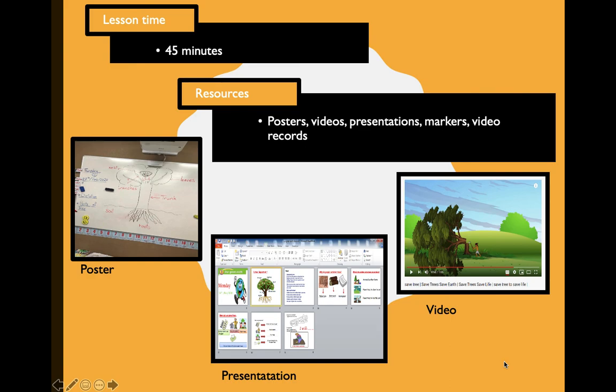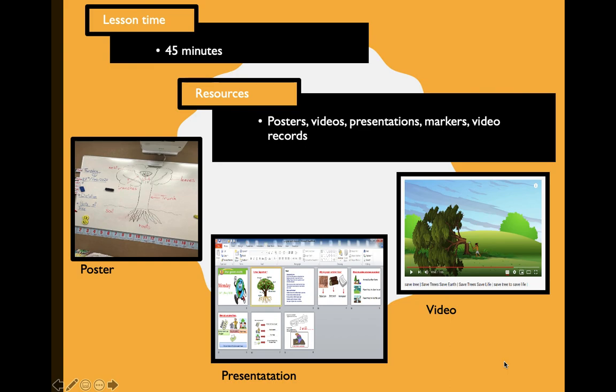In the poster, there is a tree, and we wrote the parts of the tree to identify them and what benefits each part gives. The second is a presentation for the lesson.